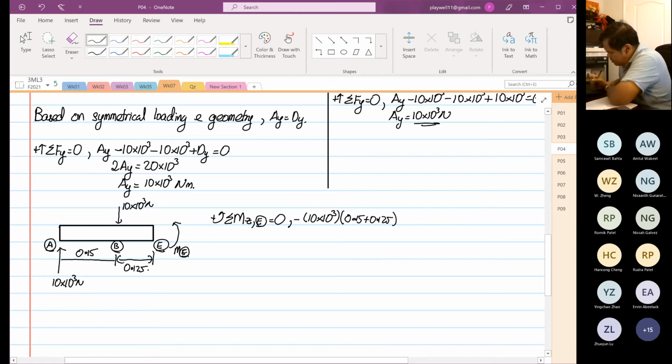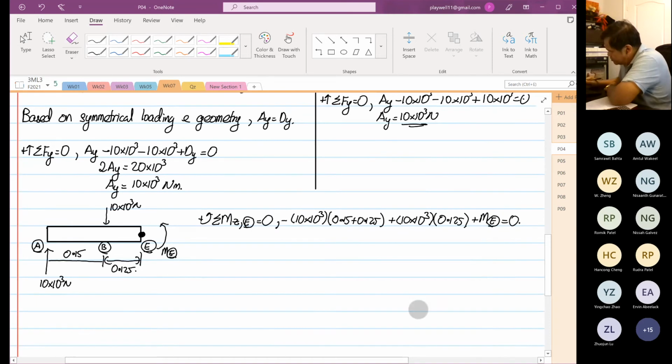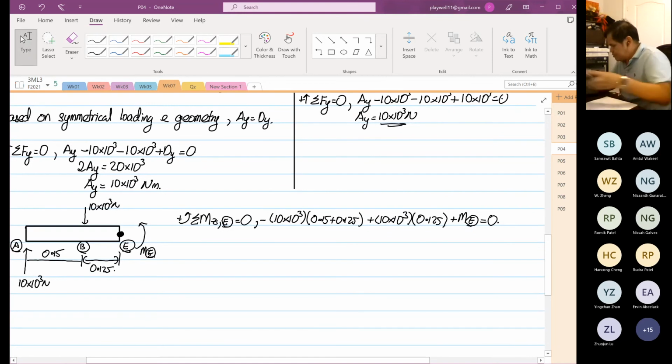Okay. So over here means we are taking the moment at point E where the failure will occur. Then plus the 10 kilonewton is going anti-clockwise at point B, and then the distance is 0.125. Okay, then you plus the moment at point E, the whole thing is equal to 0.